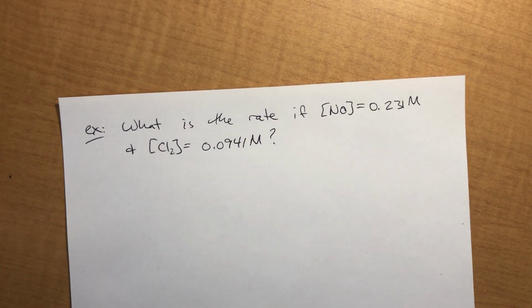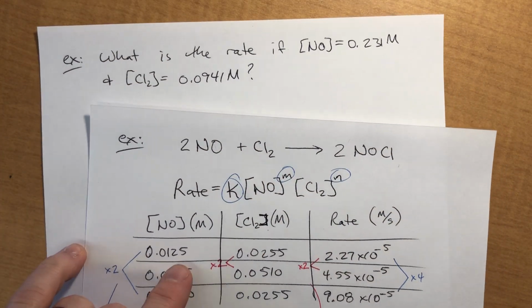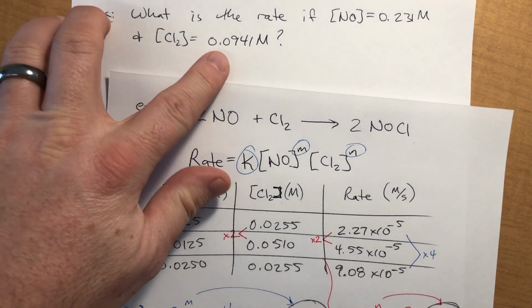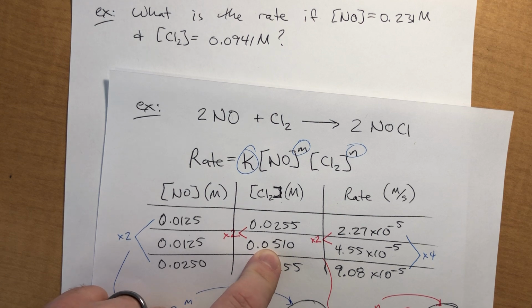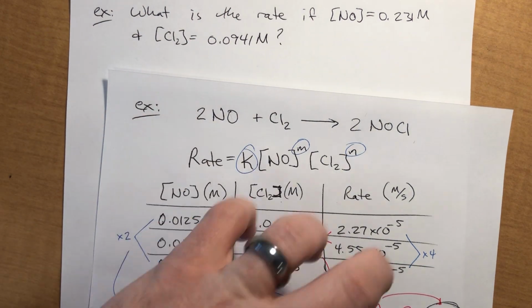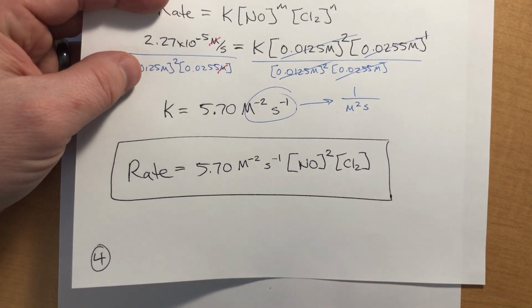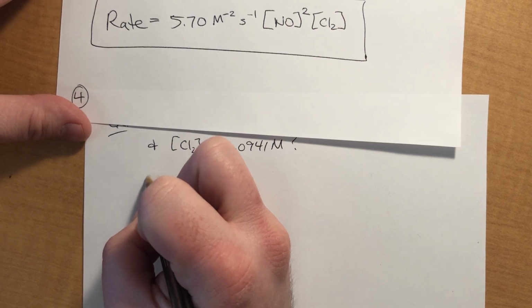Okay, you'll note from our last set of data that 0.231 is significantly higher than any of our numbers, like a factor of 10 higher, and 0.09 is also at least almost double the highest value we have. So these are well outside of the range of what we have measured, but the rate law should work for any concentration. So we're going to take this equation that we just solved for, and that's going to be where we start.